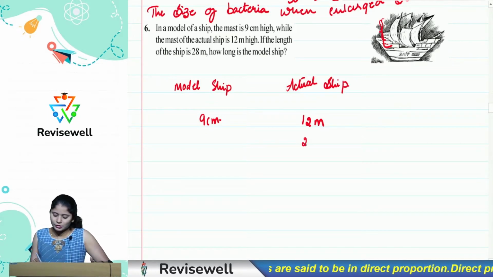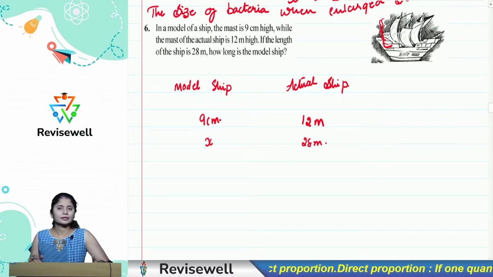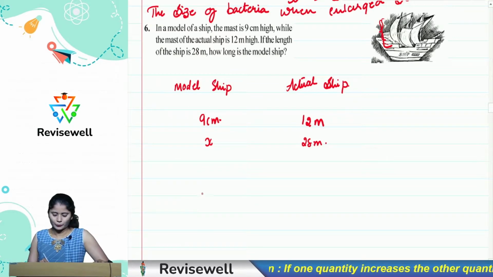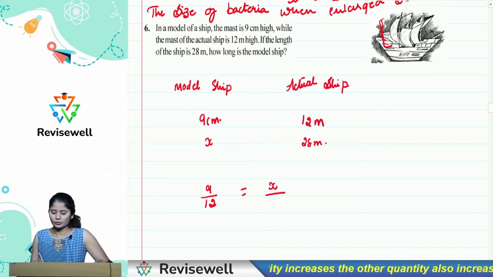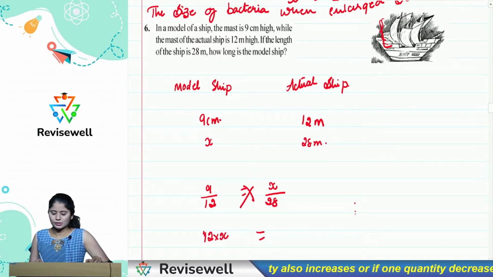The length is 28 meters here. Then the length of the model ship, I'll take it as x centimeter. If you are increasing the size of the ship, then definitely the model ship size also you have to increase. They are in direct proportion. So that is 9 over 12 equals x over 28. Cross multiply to get the value of x. So that is 12 times x equals 9 times 28.